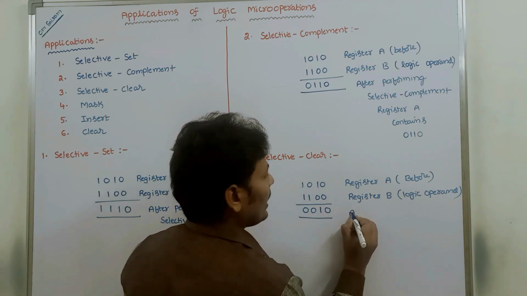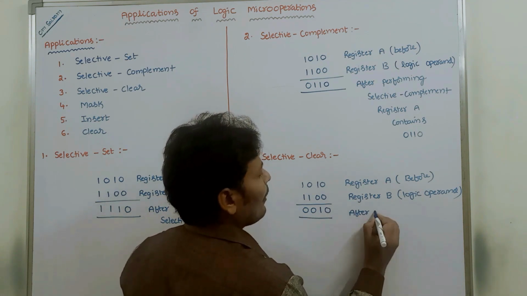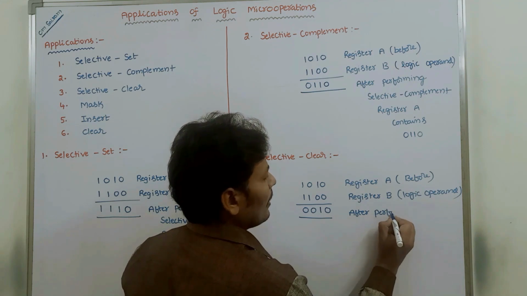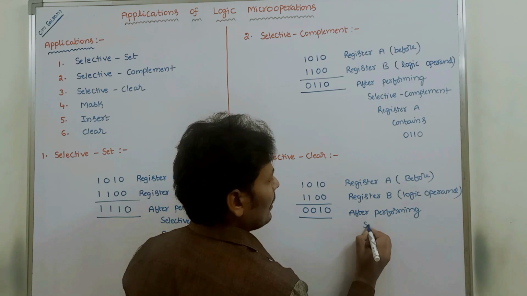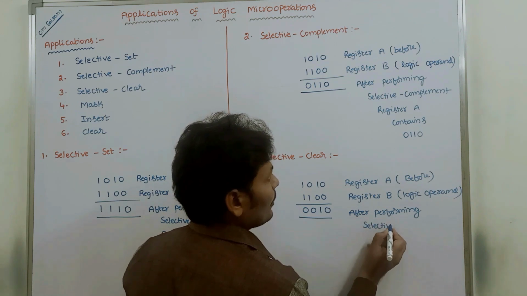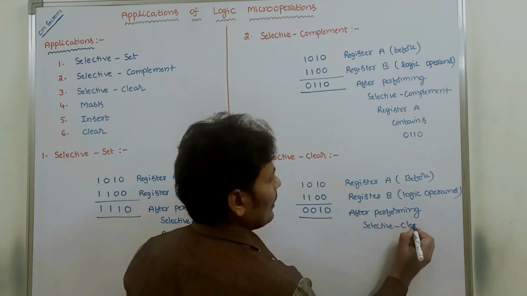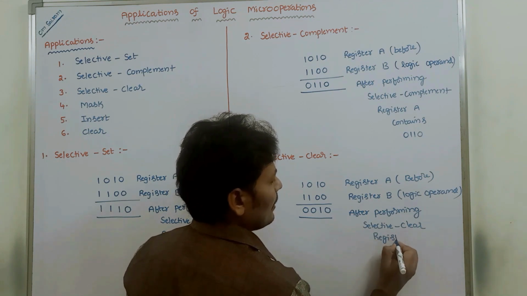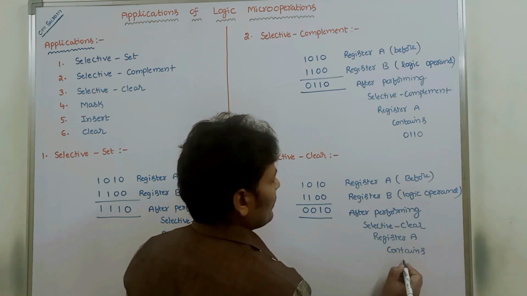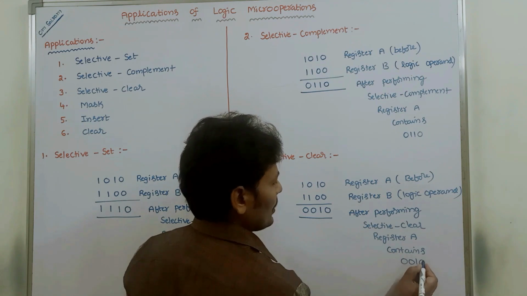So after performing selective clear, register A contains 0, 0, 1, 0.